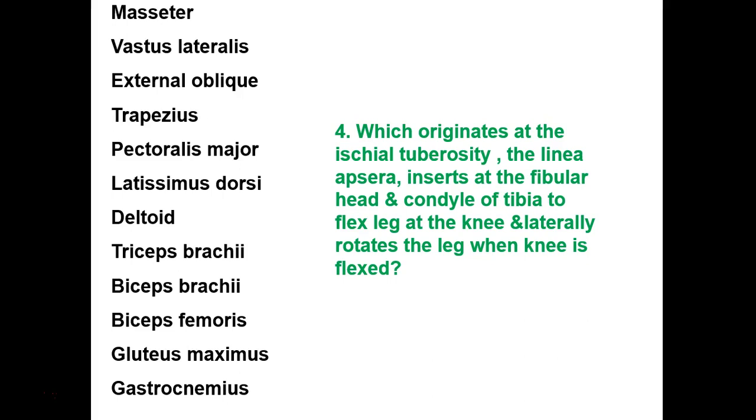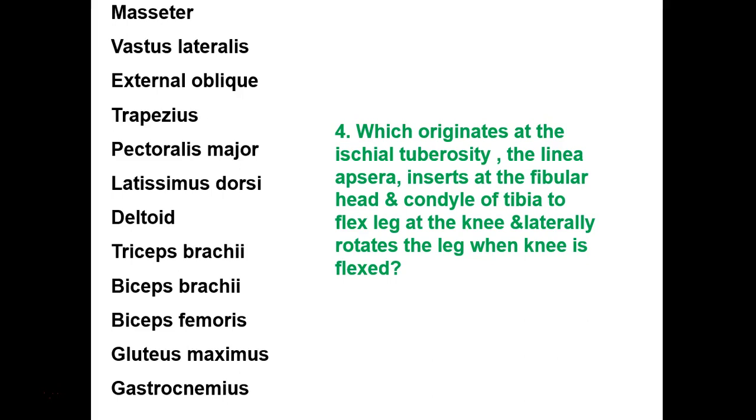It inserts at the fibular head, so that would be the little bone in the lower leg. And then the condyle of the tibia, that would be the proximal end of the tibia. So we have something running from your hip down the back of the femur and attaching to the tibia and fibula, and it's going to flex the leg at the knee.